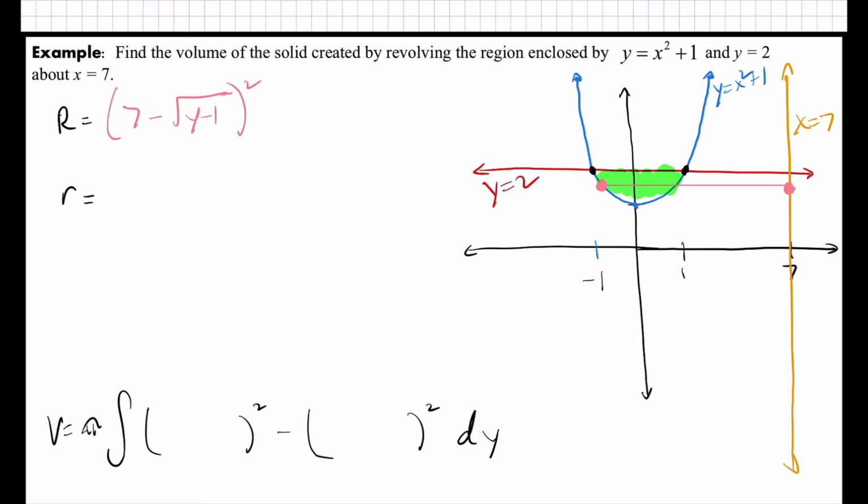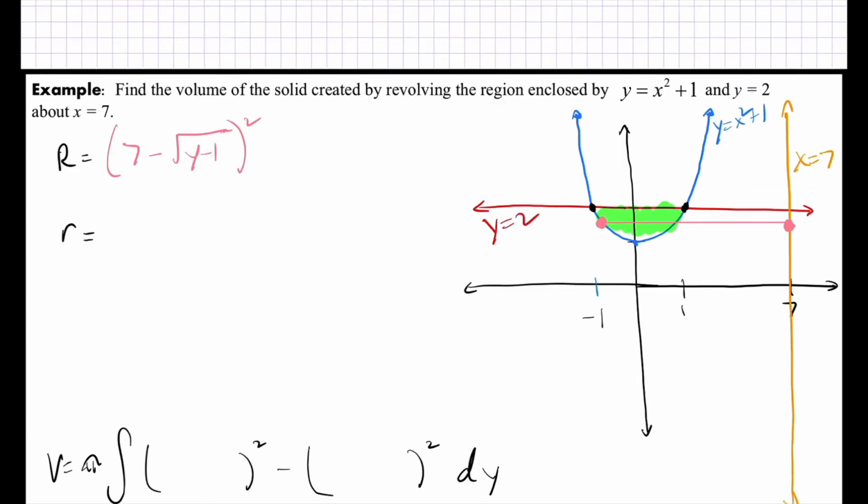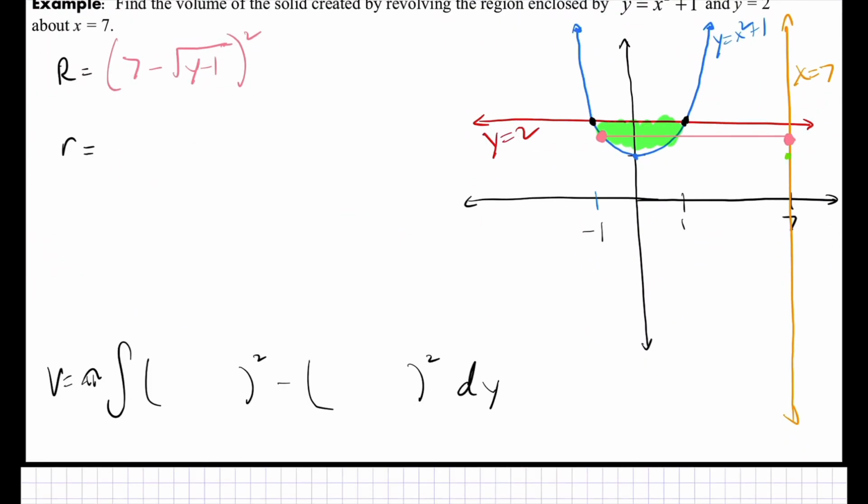You said something. So 7 minus x squared plus 1. Sorry, so you'd be from here to here. So that would be 7 plus.